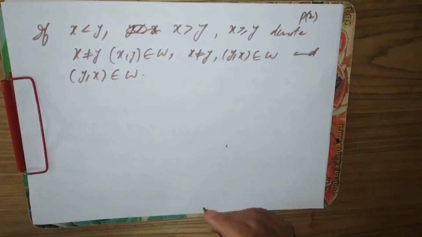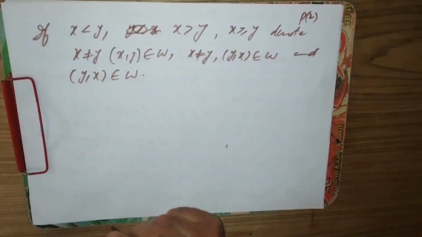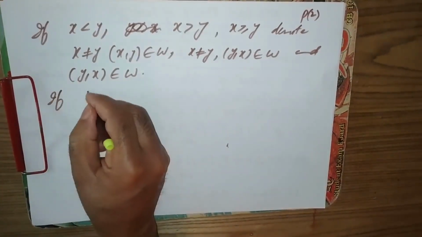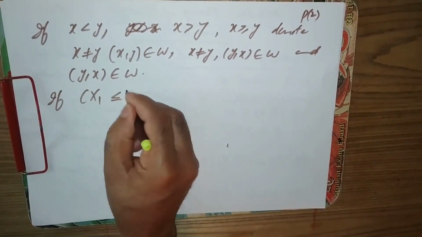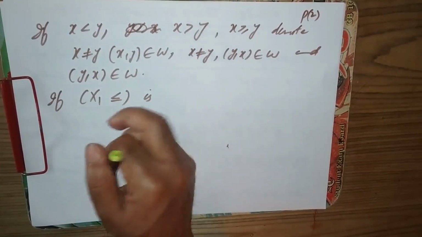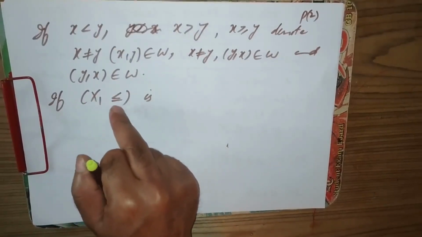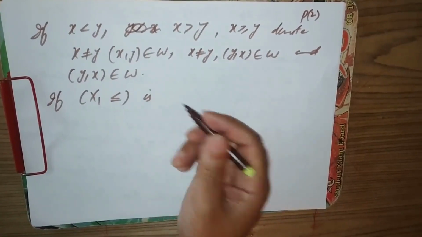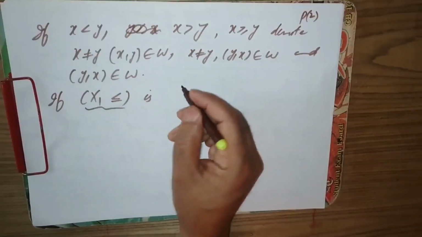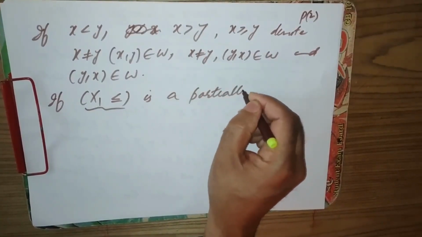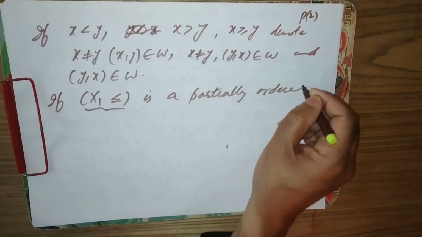Next, we define the upper bound. So X with the relation less or equal to, which is an order, is called a partially ordered set.